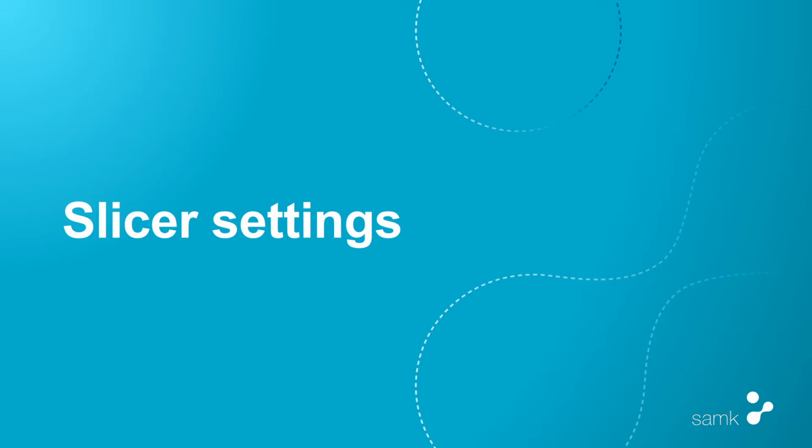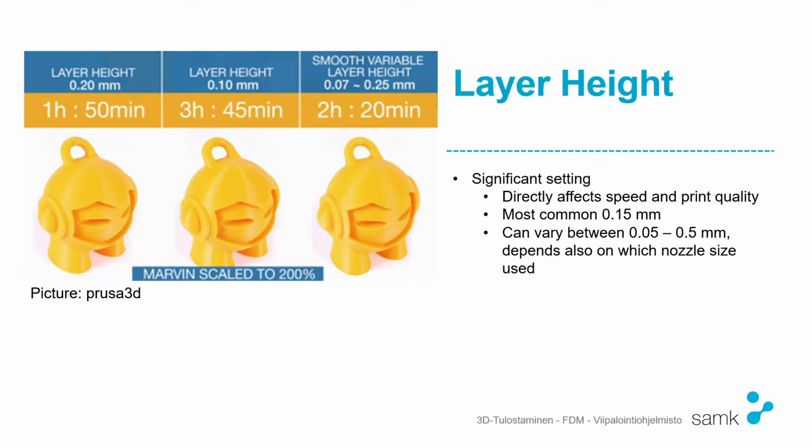So slicer settings, there's a lot of these, but we will go through the most important ones. First, there's layer height. This is a major setting because this affects the quality and the print speed of the object, because this determines how many layers of plastic the printer will lay.